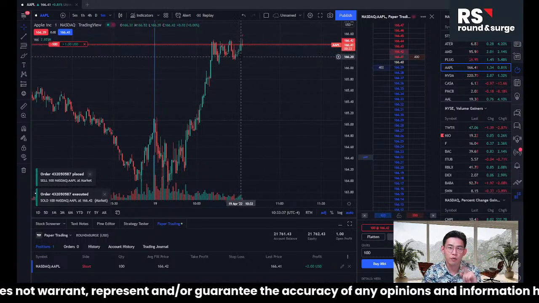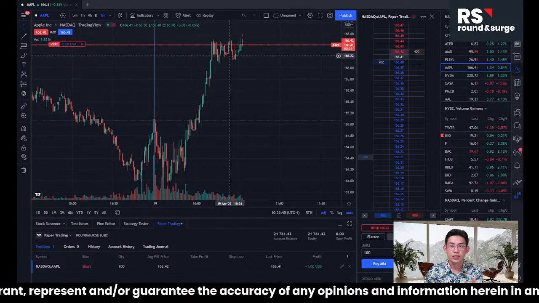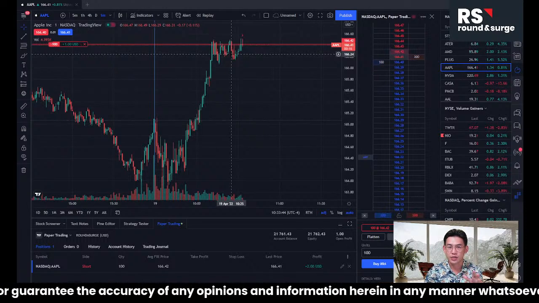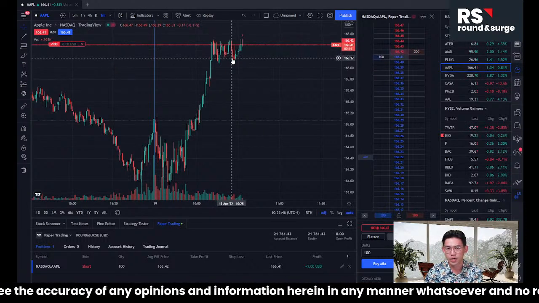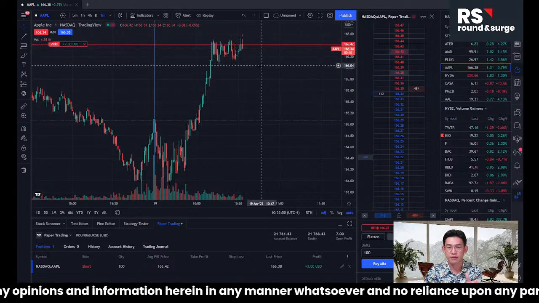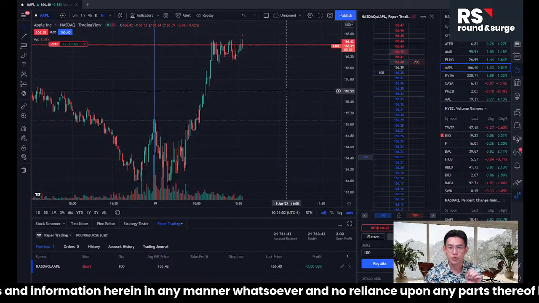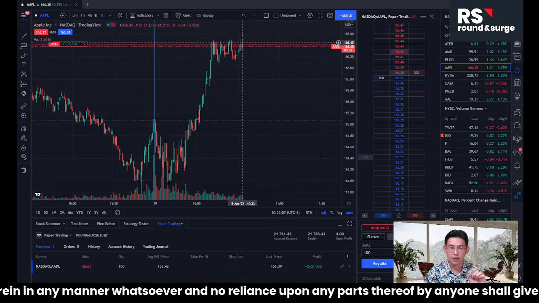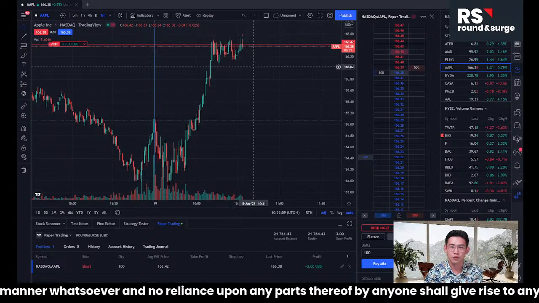Because if I wait for the usual way for me to enter into a stock, it's always that after I enter, the price starts to stop, and then I have to cut loss and stuff like that. So today I'm trying something new, where once we see the peak, near the top, then we start to short it.